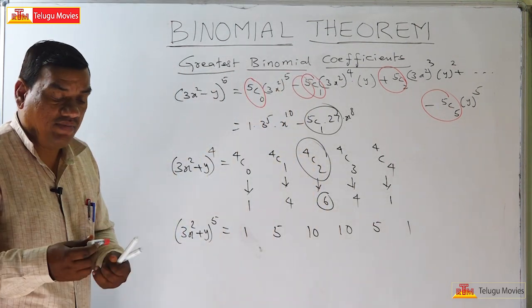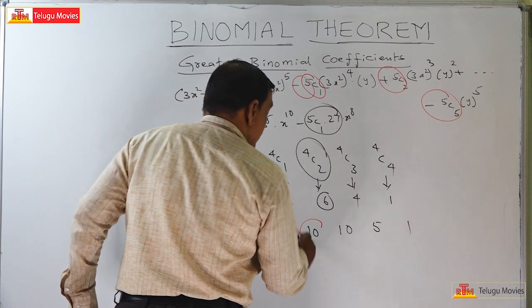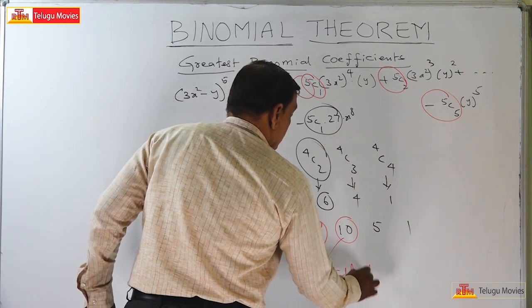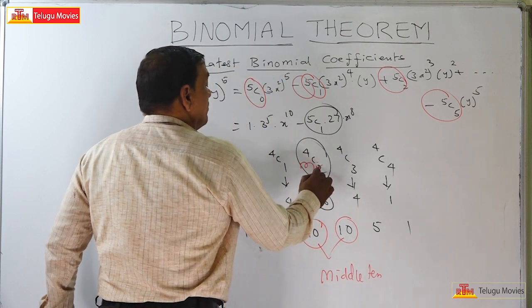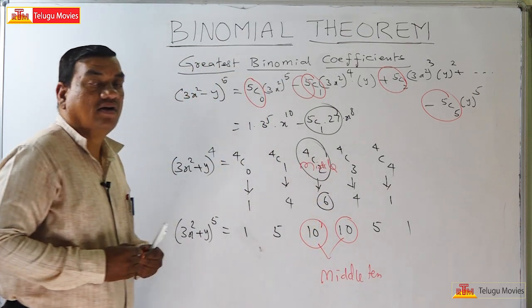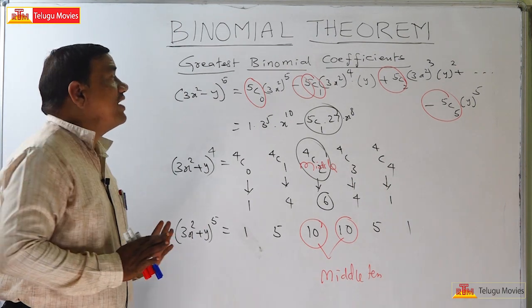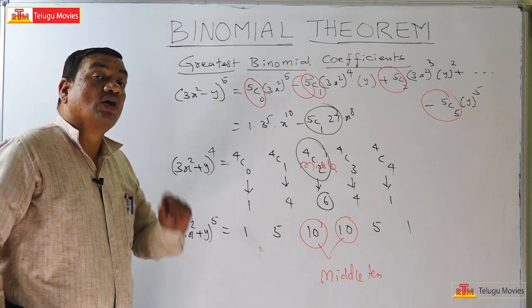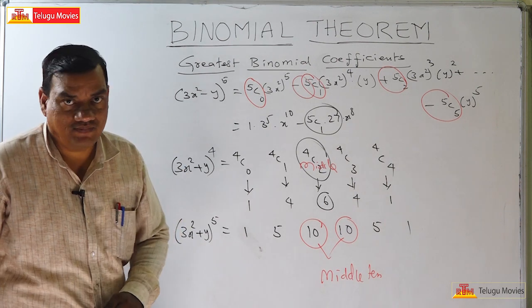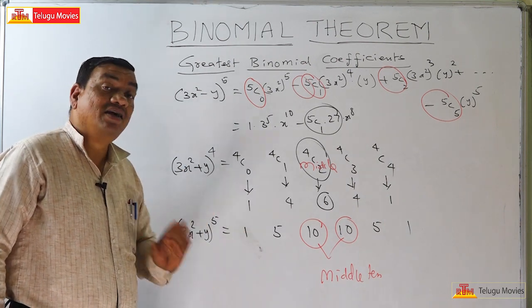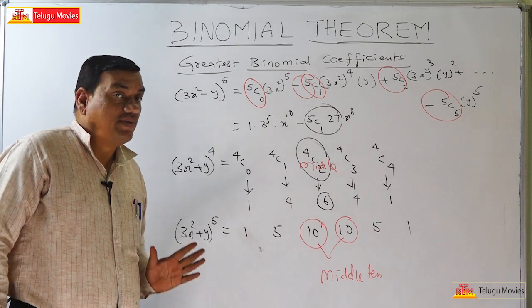Here, what is the greatest binomial coefficient? 10 and 10, which are nothing but the middle terms. From these examples, we conclude that the greatest binomial coefficient is nothing but the coefficient of the middle term. Whatever the middle term is, its coefficient is the greatest binomial coefficient.